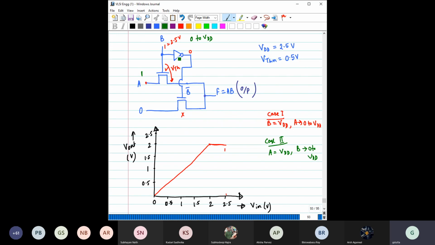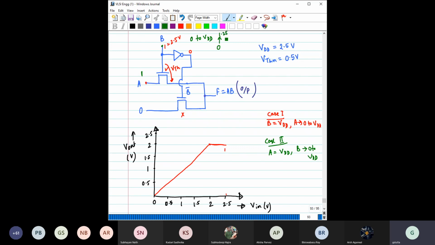For a static CMOS inverter, if we assume it is a symmetrical device, meaning symmetrical VTC characteristics, then what would be the logic threshold for this inverter? VDD by 2, so it is around 1.25 volt, right? Now B has started increasing from 0 and is going towards 1.25.